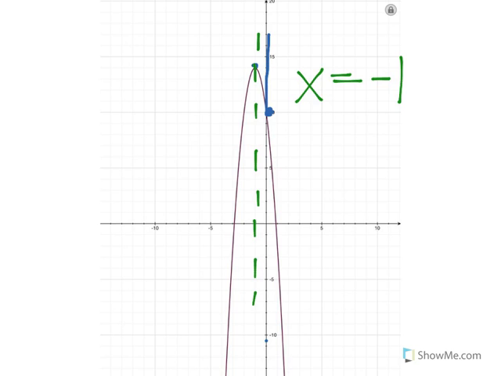Any point on this axis, you can see that the value of x is 0. So what we could do is take our original function and plug in 0 for x and see what you get. And that's going to be your y-intercept. So we can see from our graph we should get 10.